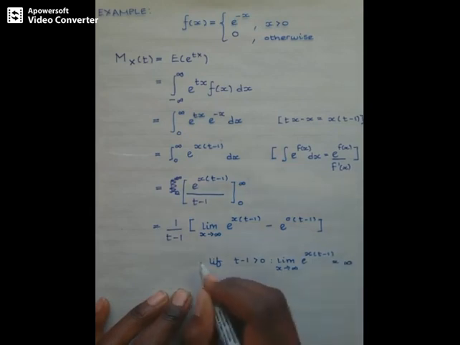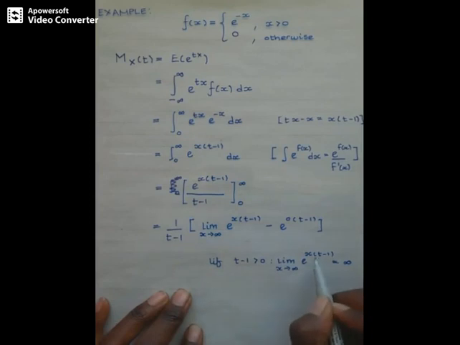I hope you agree with that. So what you have is positive infinity times this positive value, so e to the power of a huge positive value just goes towards infinity.